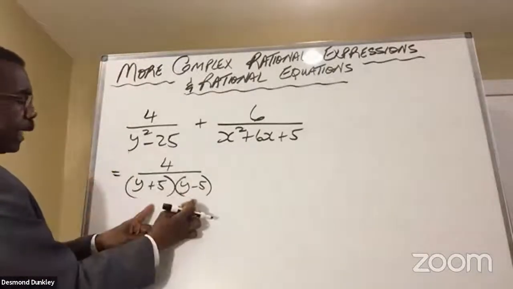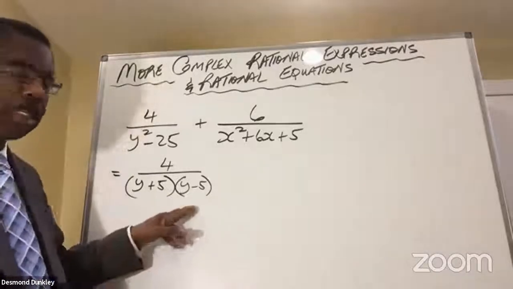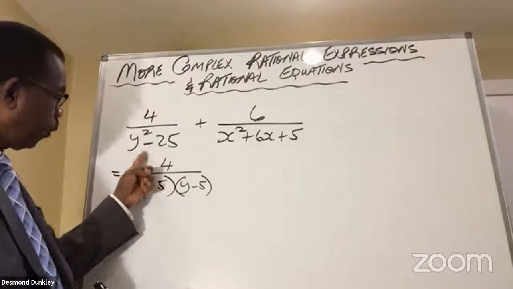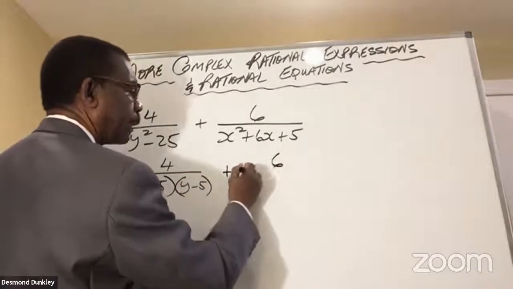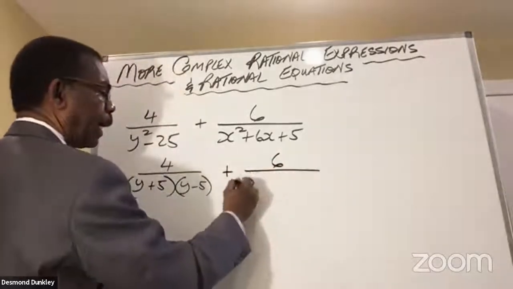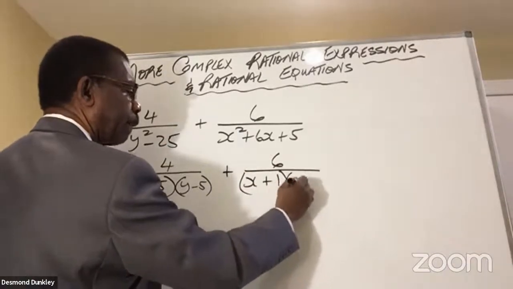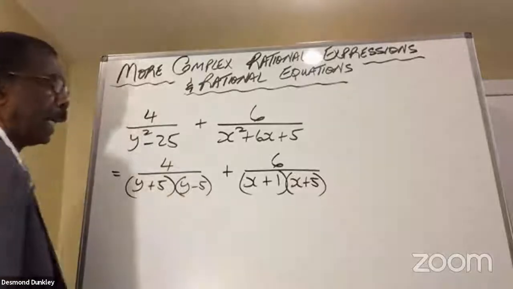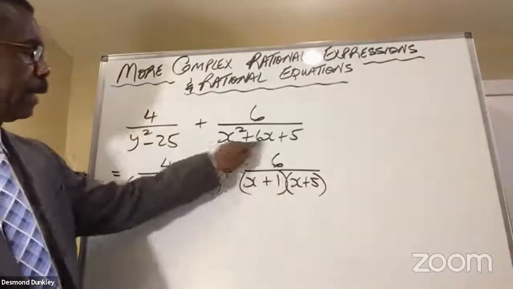So this will be the factorization of this. And I promise you, when you multiply these out and simplify, you will get that. Similarly, this is going to be 6 over x plus 1 times x plus 5. Again, if you multiply these out, I promise you, you will get this.